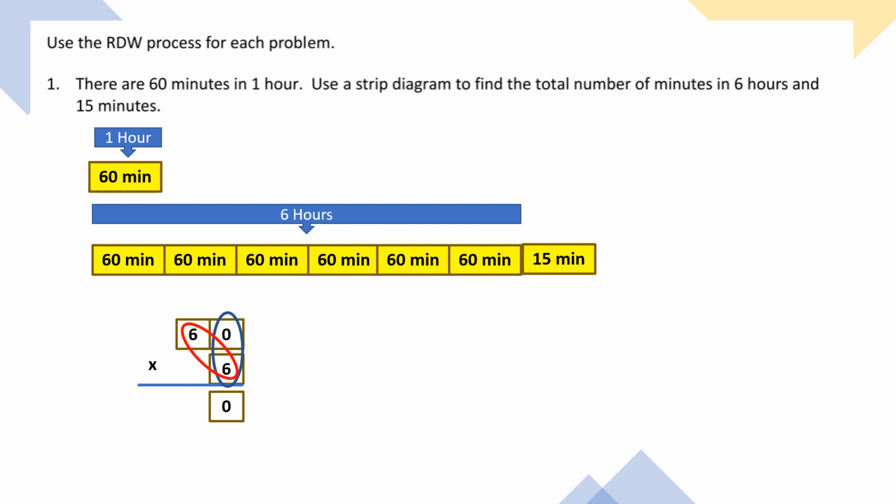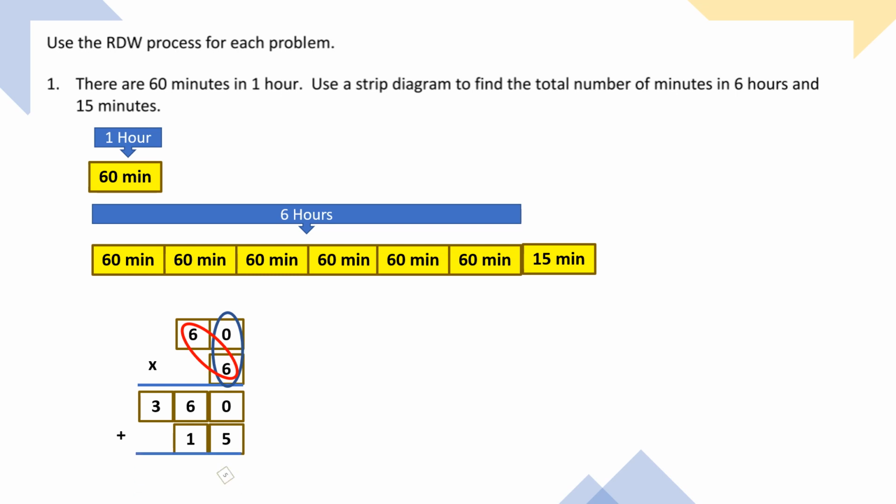And 6 times 6 is 36. Okay, so now I have the first part of my equation, which is the 60 minutes times 6 boxes. But now I have to add that 15 minutes. So I'm going to add 15 minutes to 360 minutes.